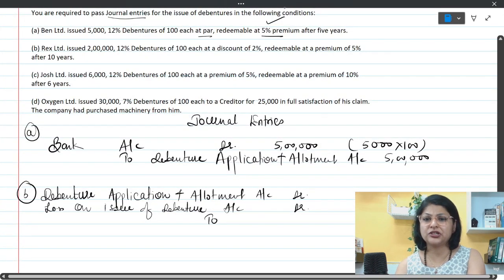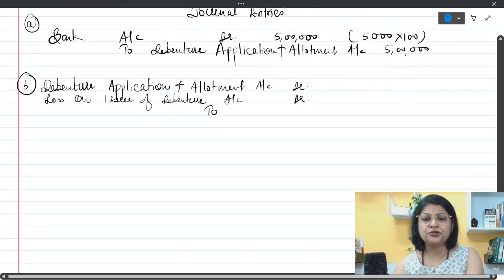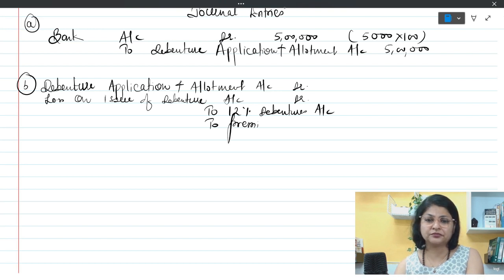The name of the debenture is 12% debentures. To 12% debentures, and also to premium on redemption of debenture.